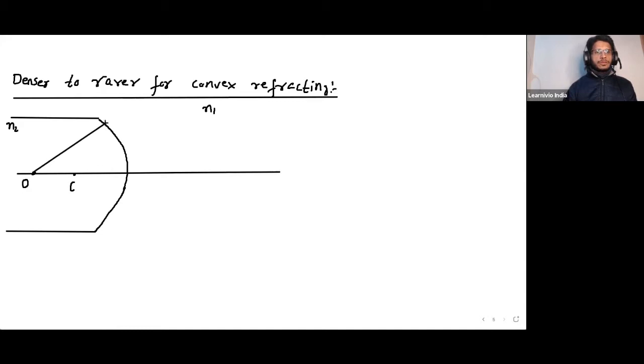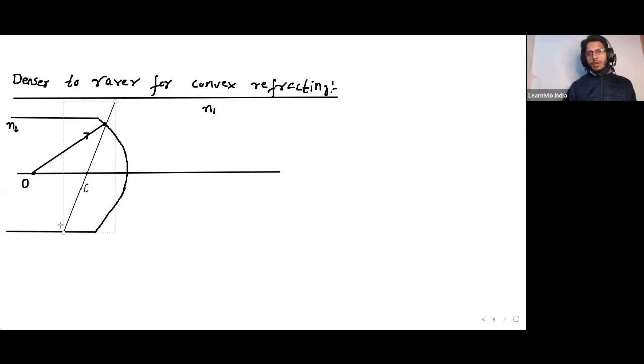So this is my incident ray. I need a normal on the surface just to decide whether the ray will refract from rarer to denser or denser to rarer. How to draw a normal on a spherical surface? Normal is the line connecting the point to the center of curvature.